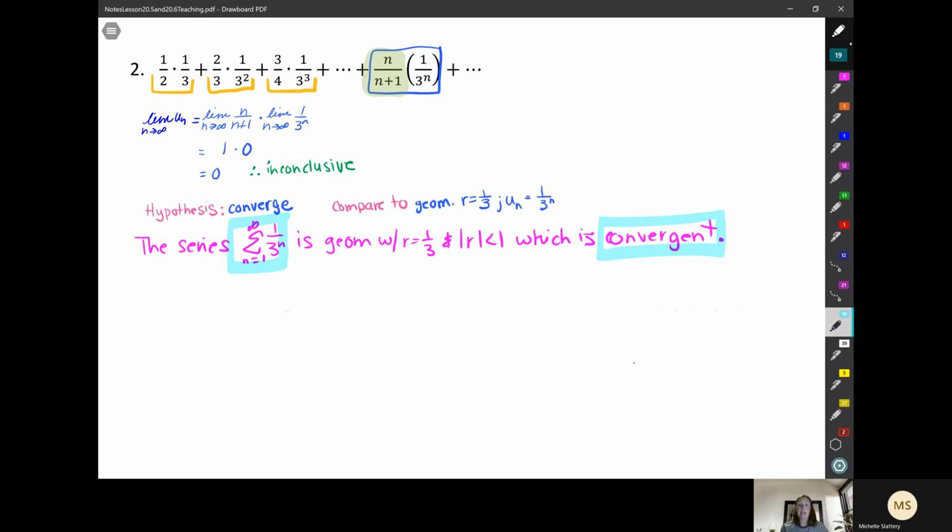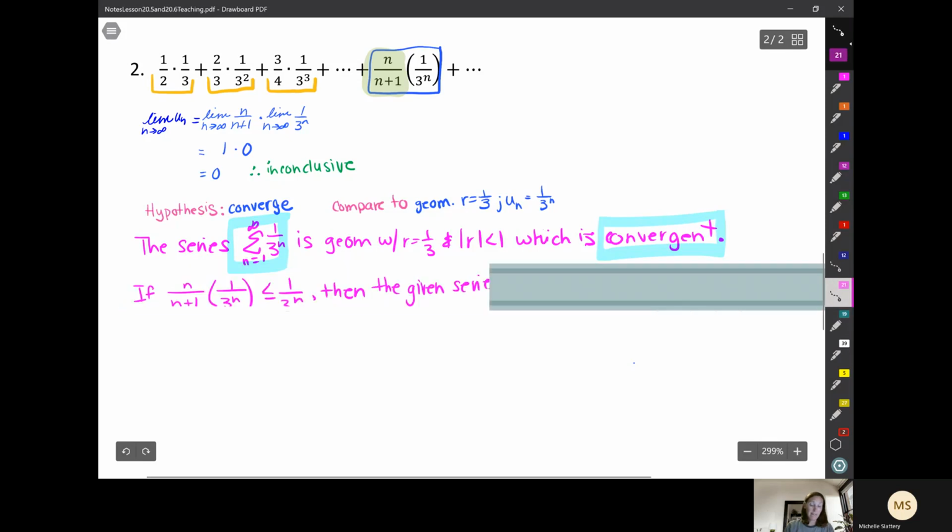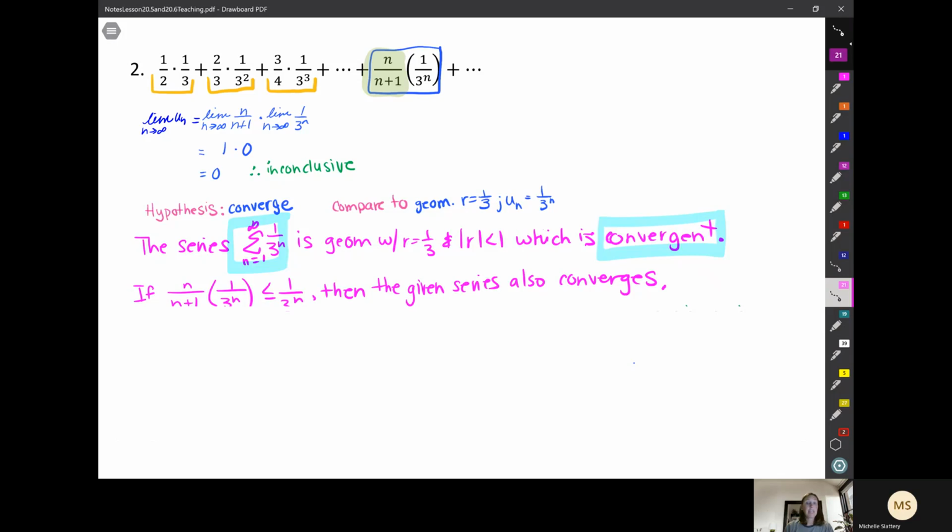Once I state that, now I'm going to state what I'm trying to prove. If I'm trying to prove convergence, then I need my given series to be less than or equal to the known convergent series, which is this geometric. So if n over n plus 1 times the quantity of 1/3 to the n is less than or equal to 1/3 to the n, then the given series also converges.